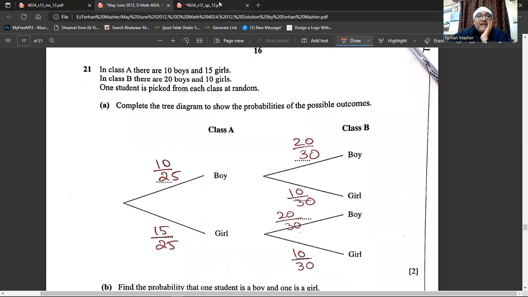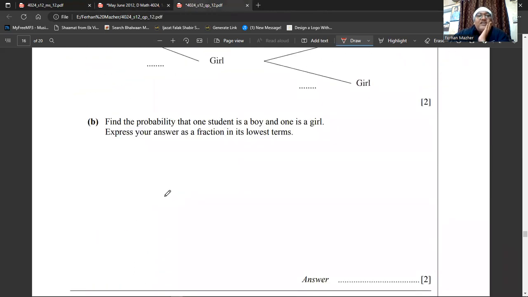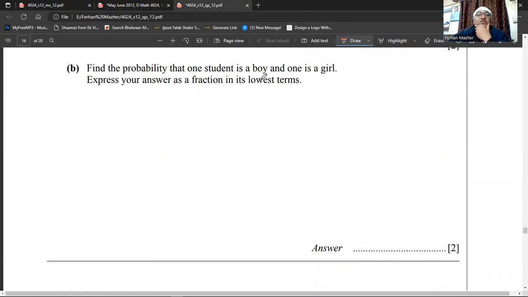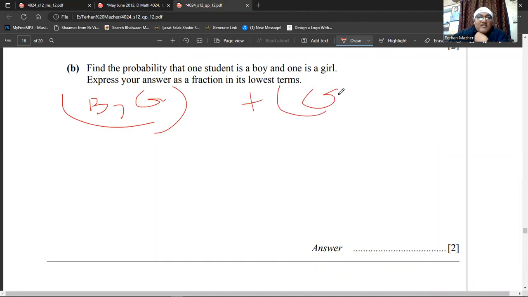And the next thing they are asking you to do is, find the probability that one student is a boy and one is a girl. So you will find out the boy, comma, the girl, and plus the girl, comma, the boy. You will want the probability of this and probability of this, and you add them up, okay?